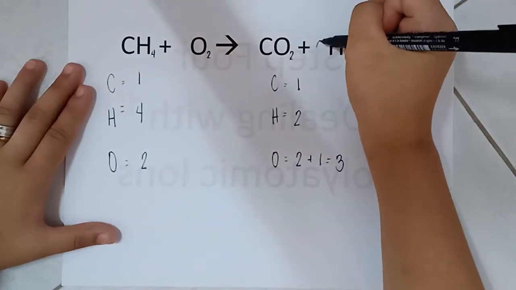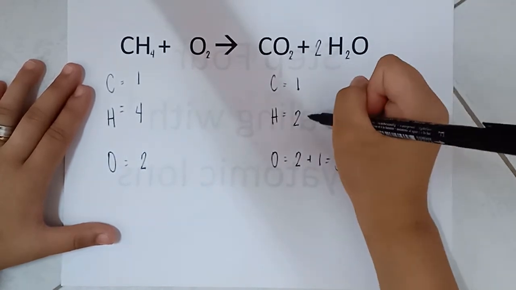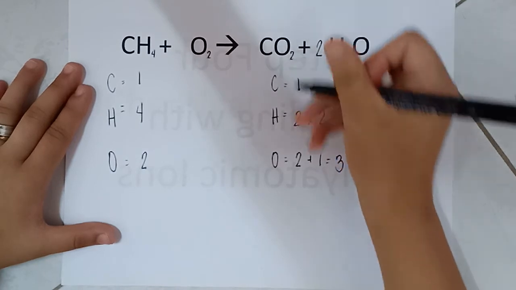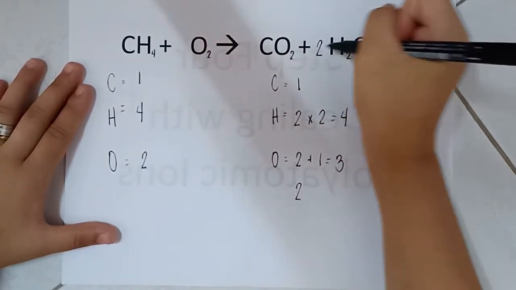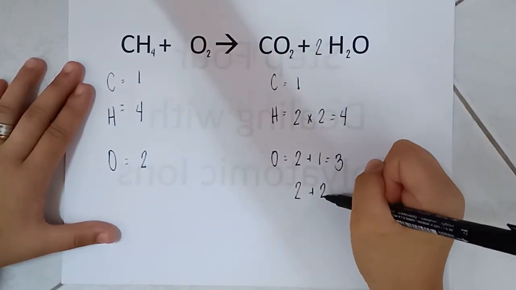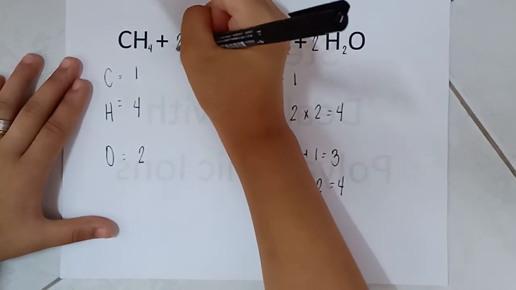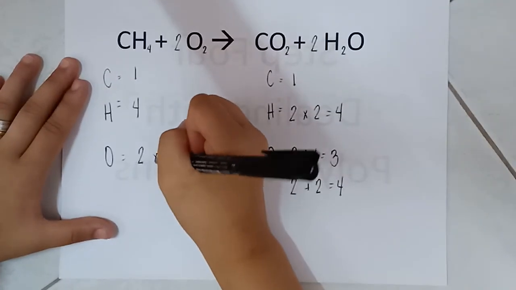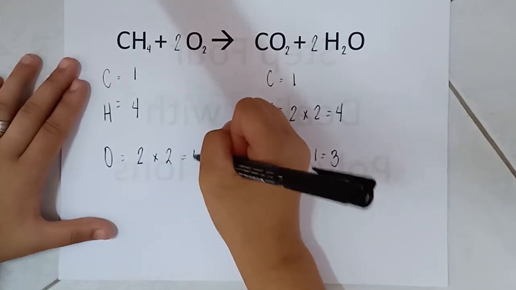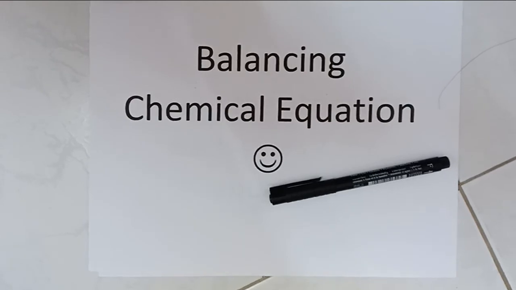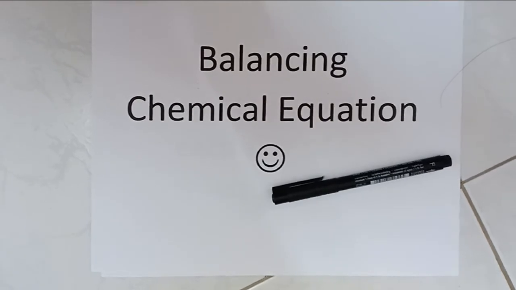If we put 2, this hydrogen becomes 2 times 2, we have 4. But now we have 2 oxygen plus 2 times 1, that will give us 4 oxygens. But that's good, because if we put 2 here on the other side, so 2 times 2 equals 4, and now everything is balanced.